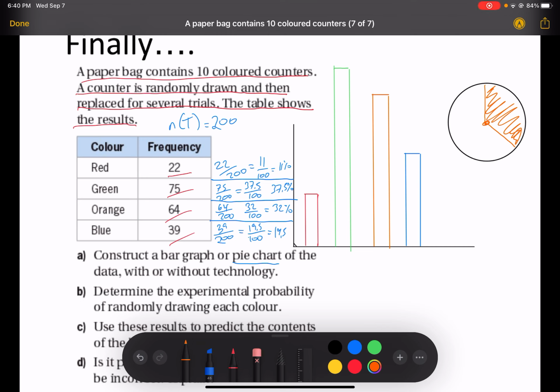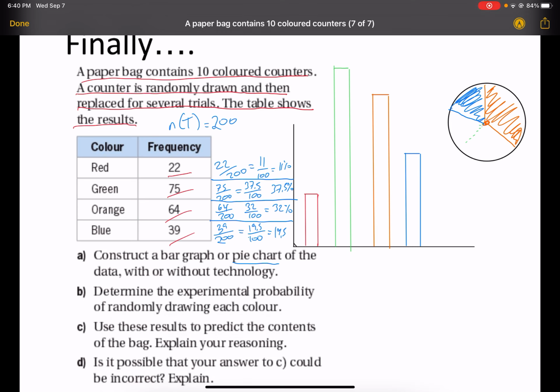And then green would be another almost more than a third. A third would be right there. So more than a third slightly would be green. And red would be the rest of it. So that's the spinner. Okay.